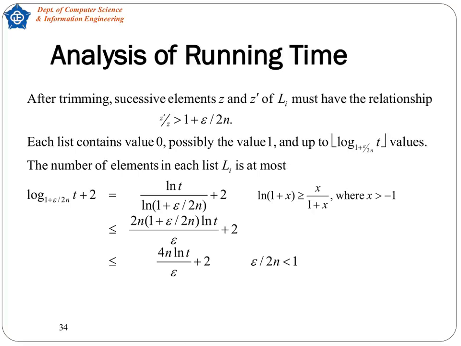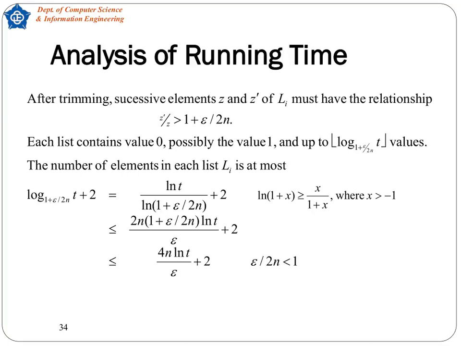As a result, aside from the mandatory 0 and an optional 1, each list can contain at most log base 1 plus epsilon/2n of t additional values. We rewrite that logarithm in natural form: log t plus 2 equals ln t divided by ln(1 plus epsilon/2n) plus 2.